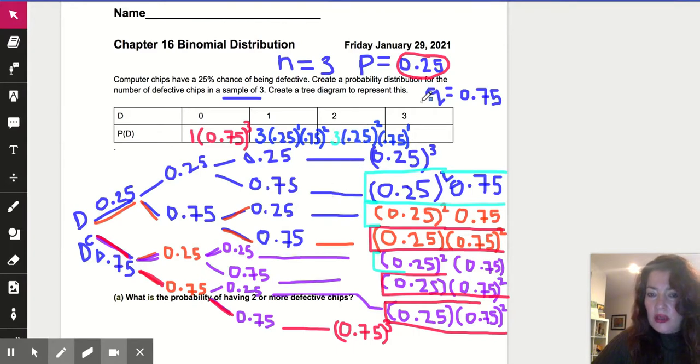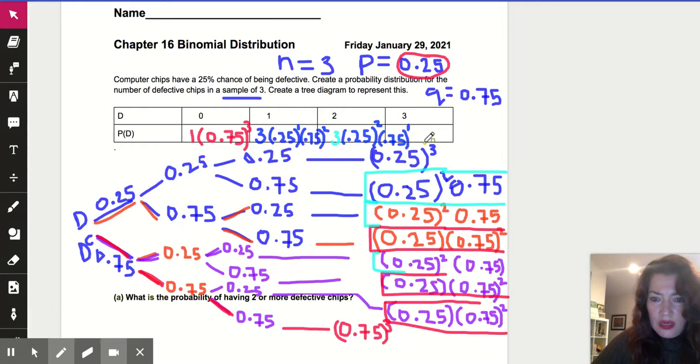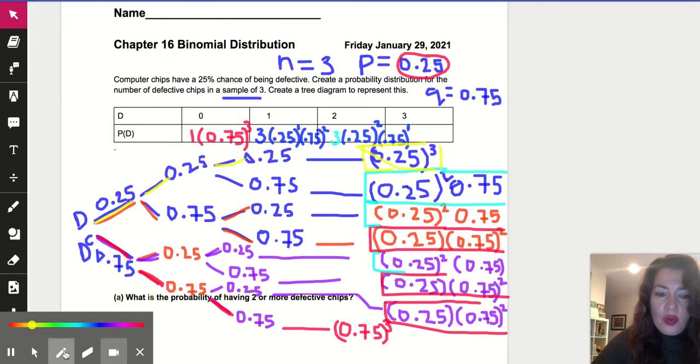Now let's look at the last way, which is to have 3 defective. So if you look at our tree diagram, 3 defective would mean the top one right here. You can follow along and see 0.25 times 0.25 times 0.25. There's only one of those. In other words, there's only one way where you can select all 3 defective chips.